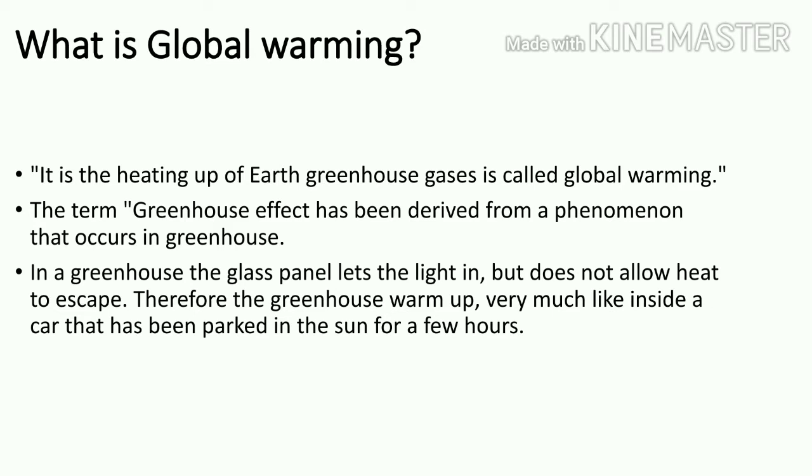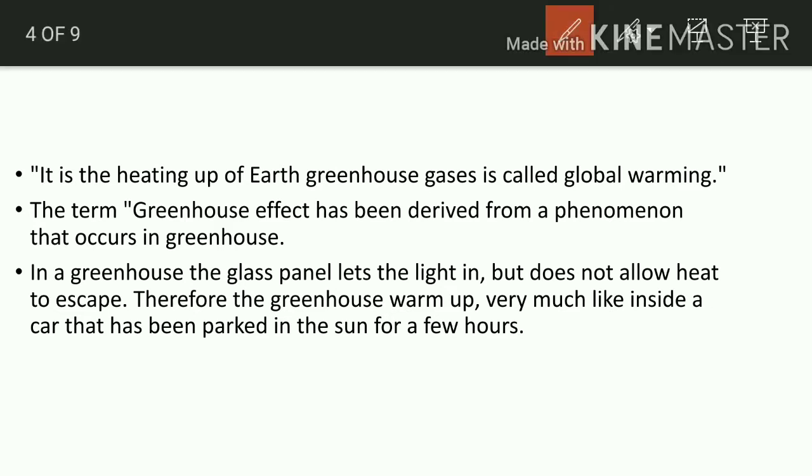As the word says, it is the warming of the earth's surface due to the greenhouse. Now they have given an example like a car that has been parked in the sun for a few hours. A greenhouse is a glass panel where plants are grown.